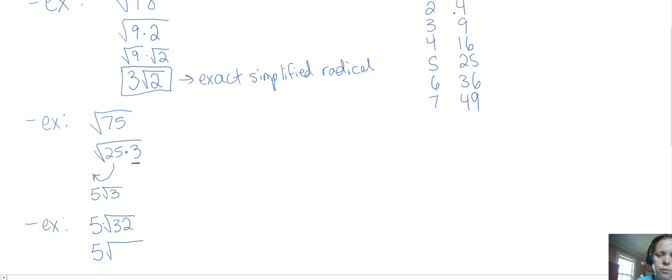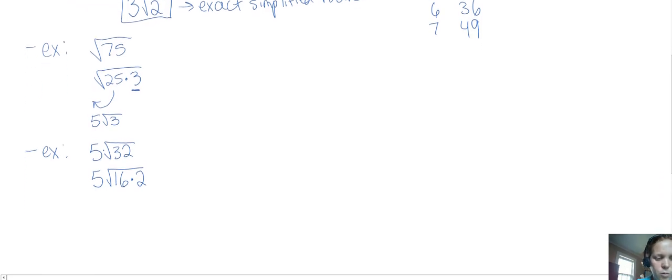Not only does 4 go into 32, but 16 does. So I'm looking for that highest perfect square that goes into 32, which is 16 times 2.